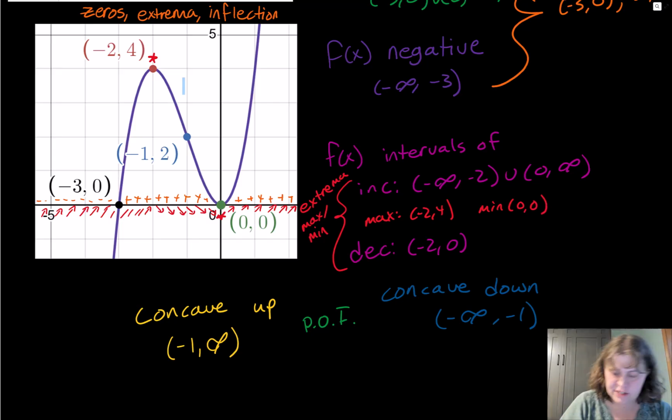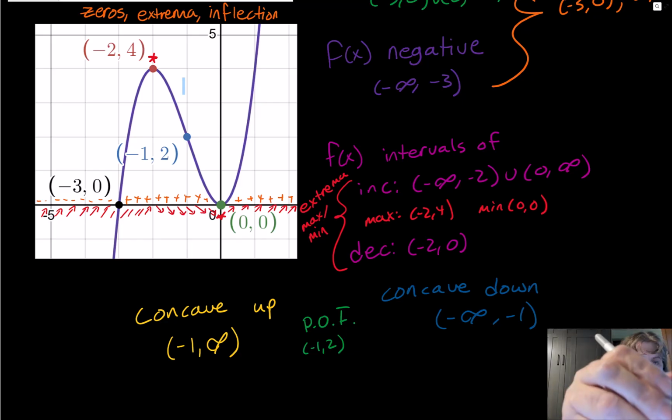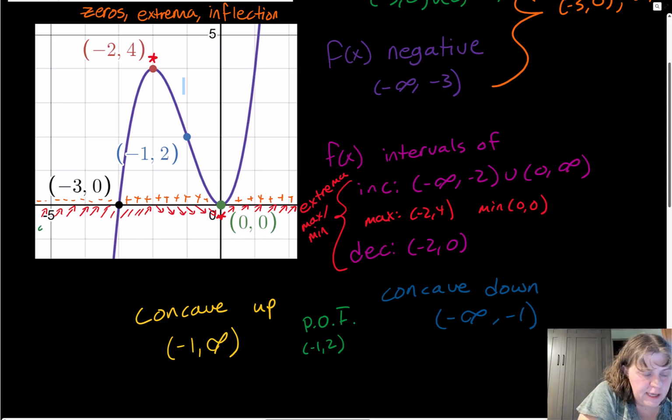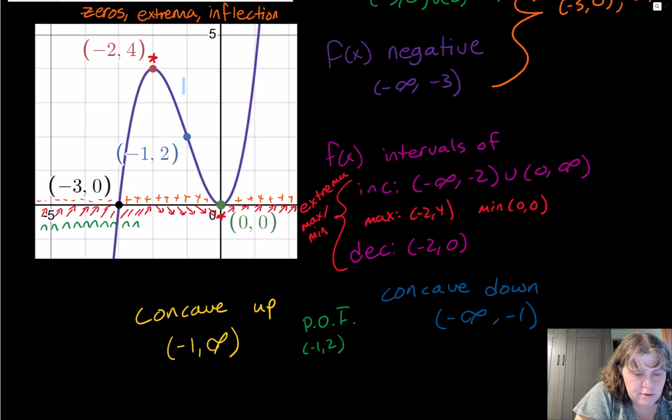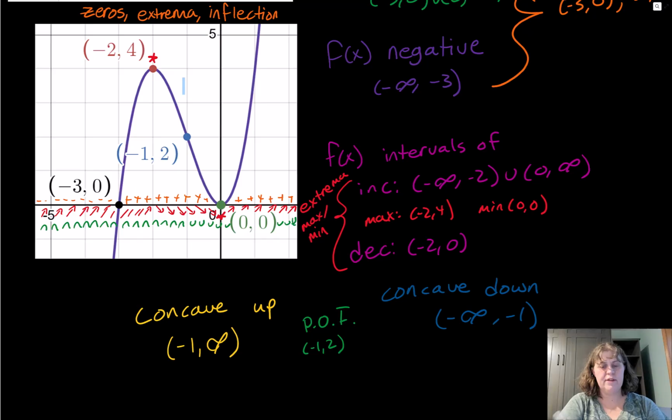My point of inflection here is (-1, 2), because that's where I'm switching from concave down to concave up. It's concave down all the way across here until I get to here, and then it switches to concave up, and now I'm curving upwards.